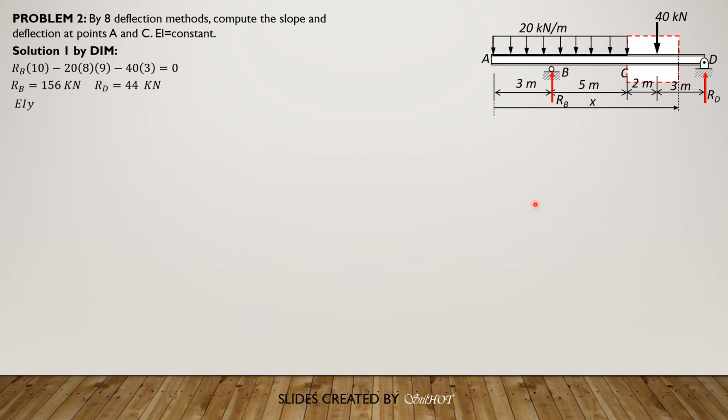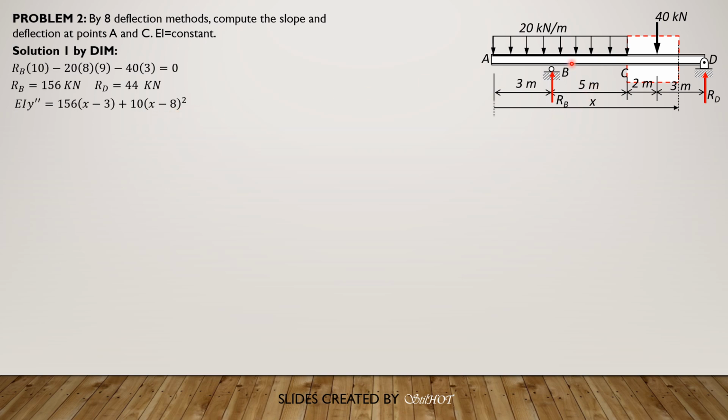So that's called x. So EI y double prime is equal to 156 times quantity x minus 3 plus 20 times quantity x minus 8 times quantity x minus 8 over 2, or 10 times quantity x minus 8 squared.